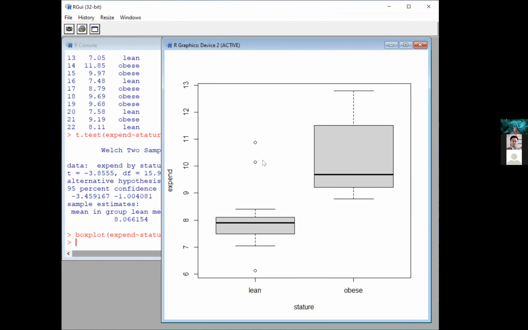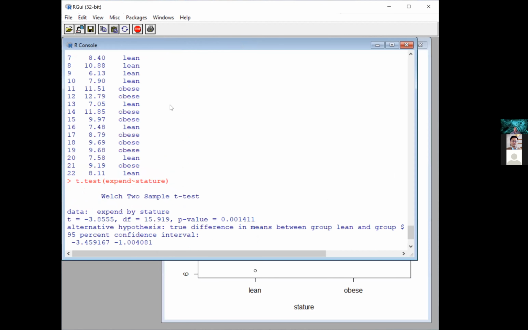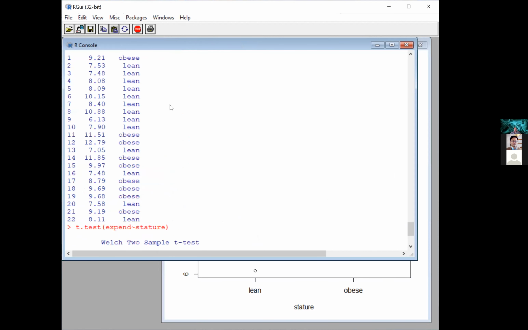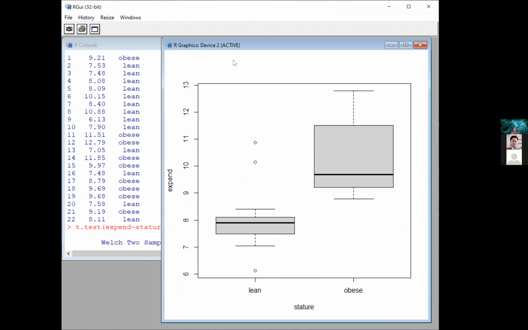Lean has some outliers, the outliers are like 11. Yeah. And low, it's pretty low too, because essentially it's supposed to be between 7 and maybe 8.5 versus obese.